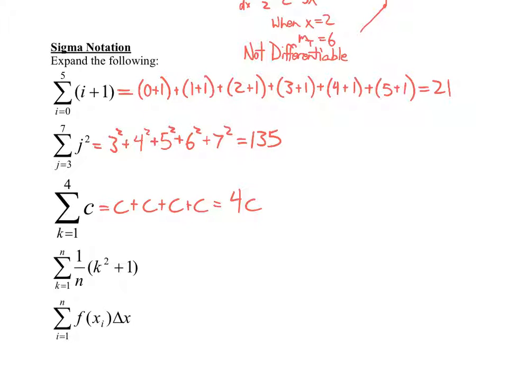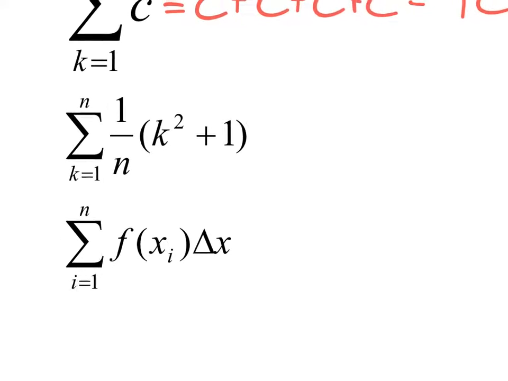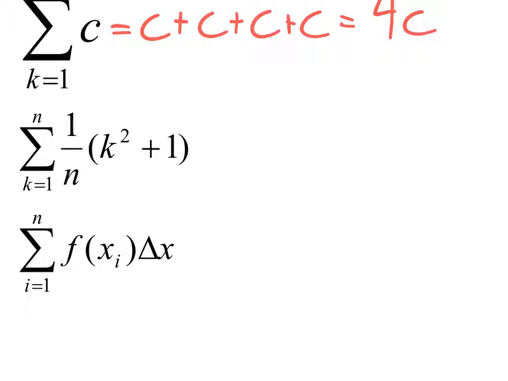All right, now the last two here actually use some properties that we learned before that I want to remind us of. The first one here is, you'll notice here we're going from k equals 1 to n. We don't know exactly how far we're going. All right? However, because k is the counter here, it's the thing that's going up, that 1 over n is just a constant.